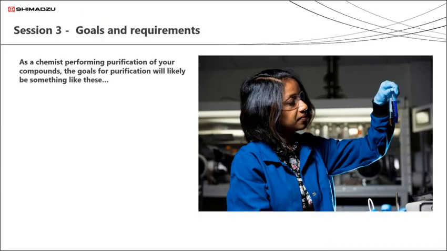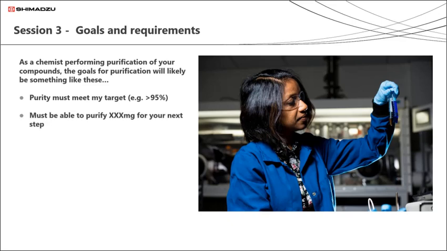As a chemist performing purifications for your compounds, the goals for your purification will likely be something like these. Purity must meet your target, for instance 95%. You must be able to purify enough material for your next step.